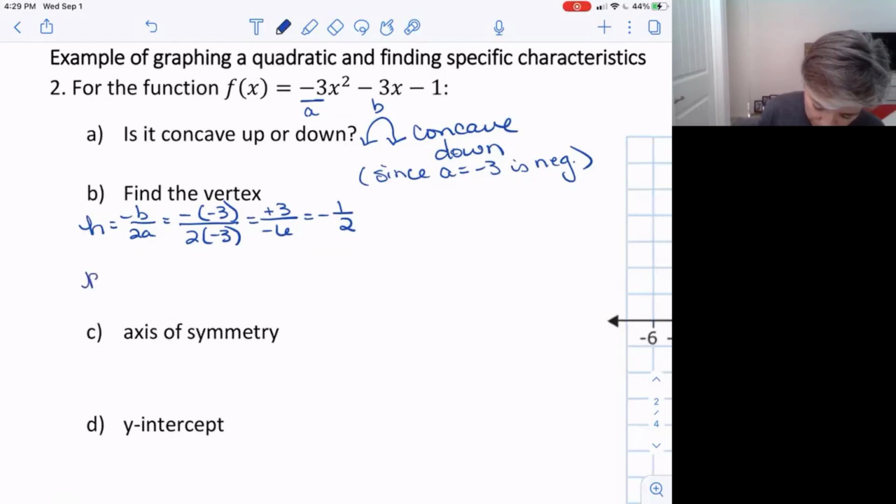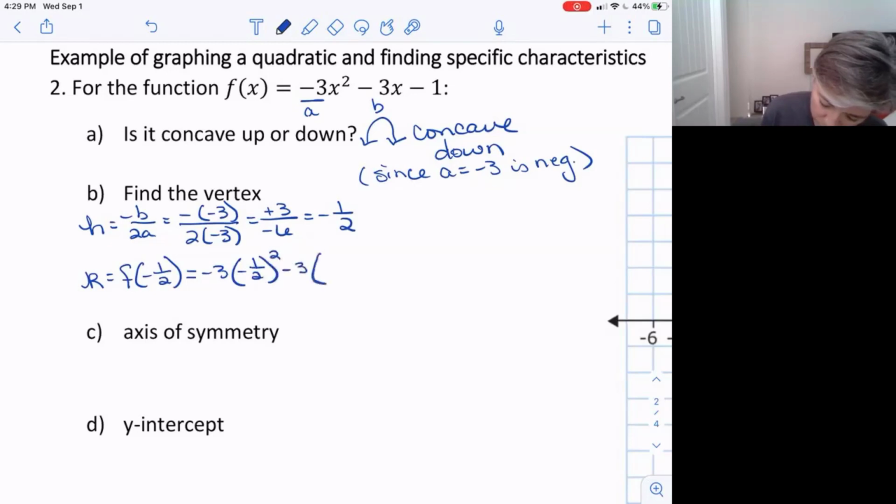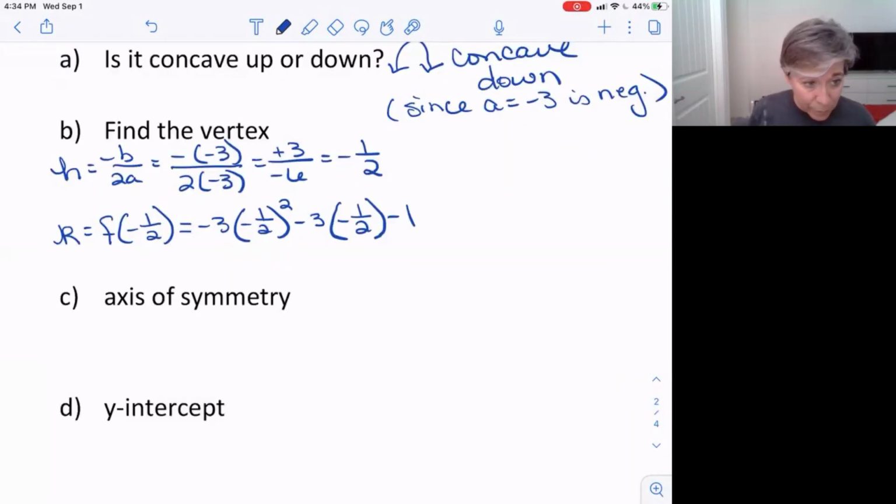Then for our k value, we're going to plug in that negative 1/2. So we get a negative 3 times a negative 1/2 squared minus 3 times a negative 1/2 minus 1. So let's simplify the k here.